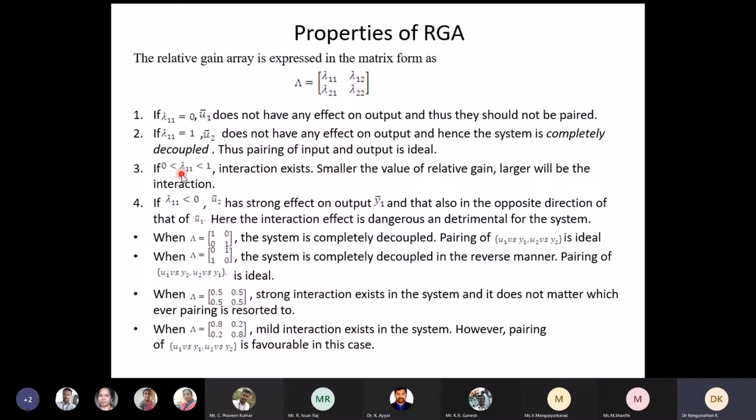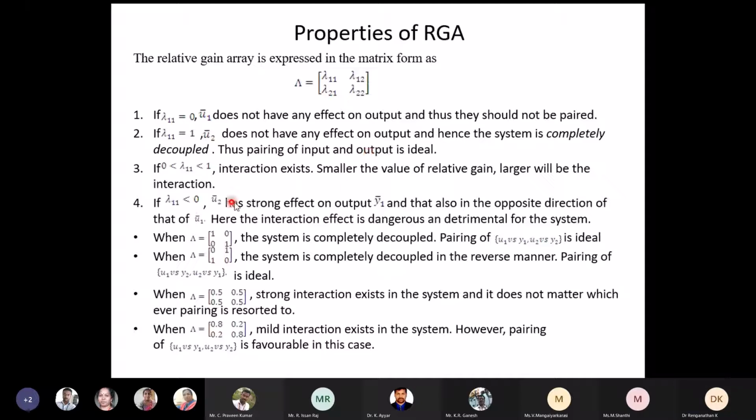Otherwise the stability and other aspects will be a bigger problem, as well as the gain will be a bigger problem to maintain. That's why we go for this decoupling. For decoupling the system, we have to understand whether the system is possible to decouple, or whether it cannot be done. That's why we have this relative gain array as a main aspect for identifying these components.